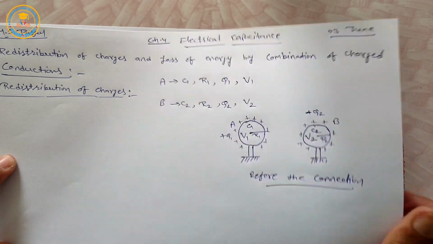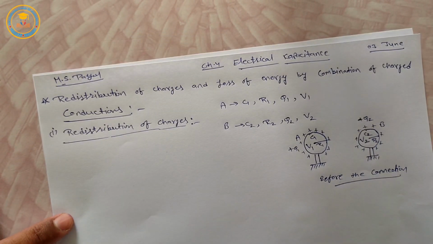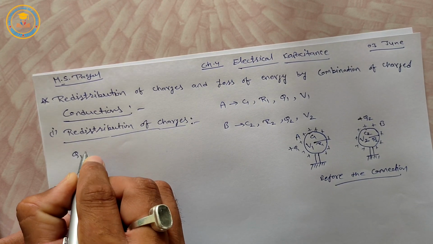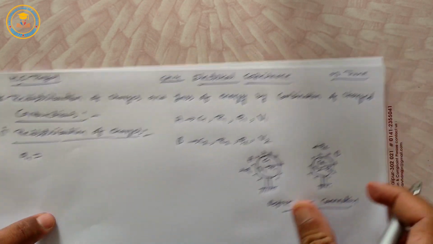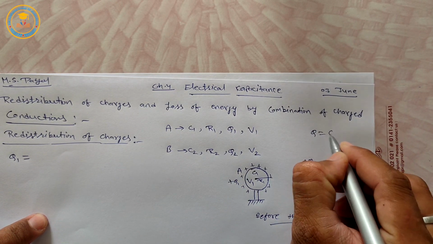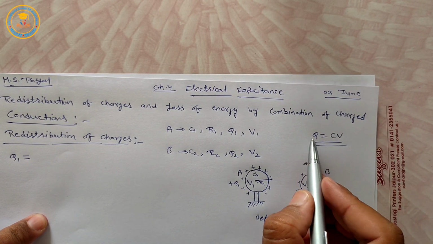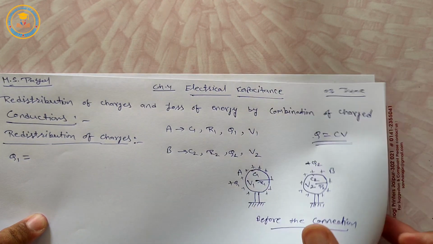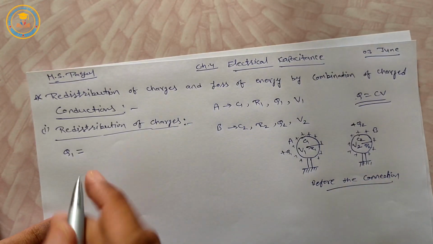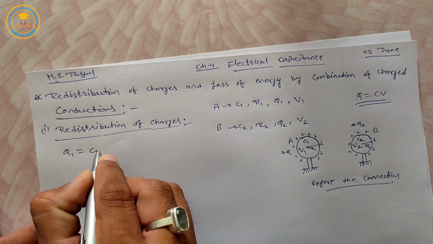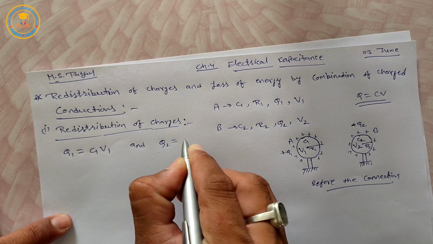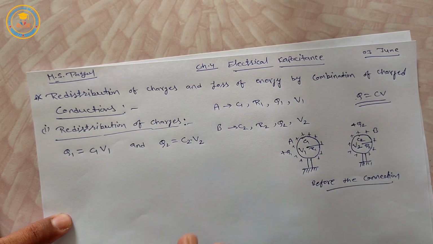In this condition, the charge on conductor A, according to the equation Q is equal to CV, we know that charge is equal to capacitance into electric potential. So Q1 is equal to C1 into V1 and Q2 is equal to C2 into V2.